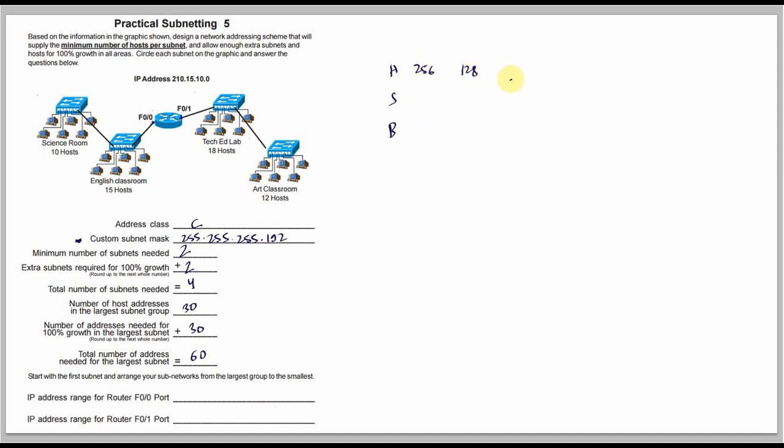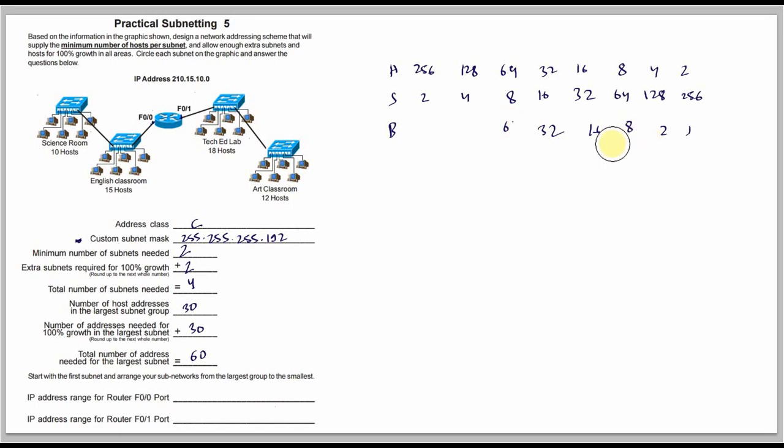128, 64, 32, 16, 8, 4, 2, then 2, 4, 8, 16, 32, 64, 128, 256. Yeah, that was a good review. Where did we go wrong?